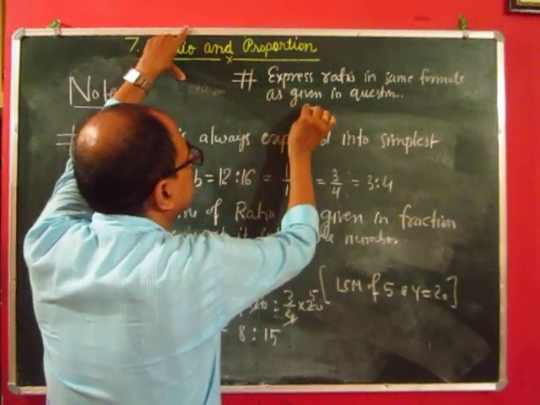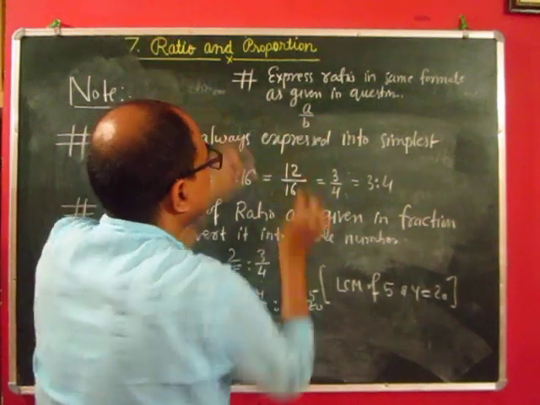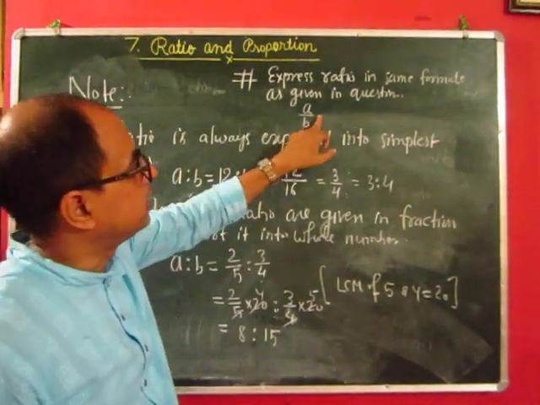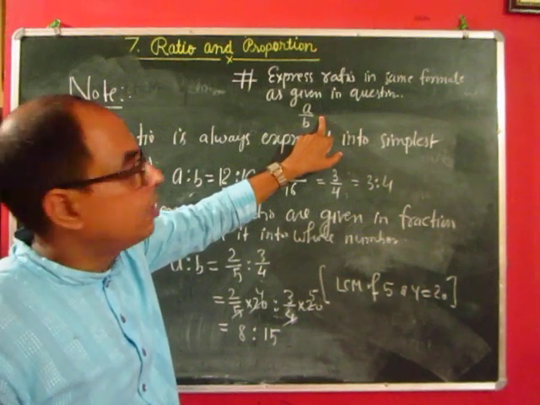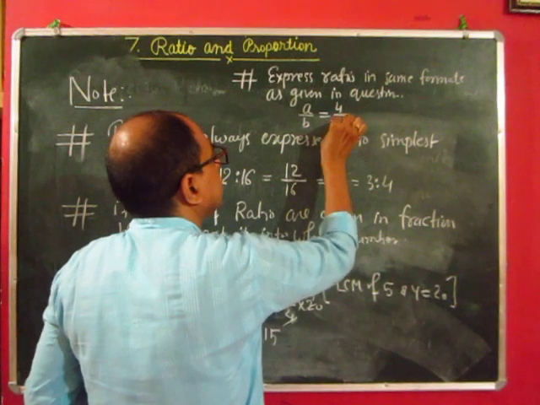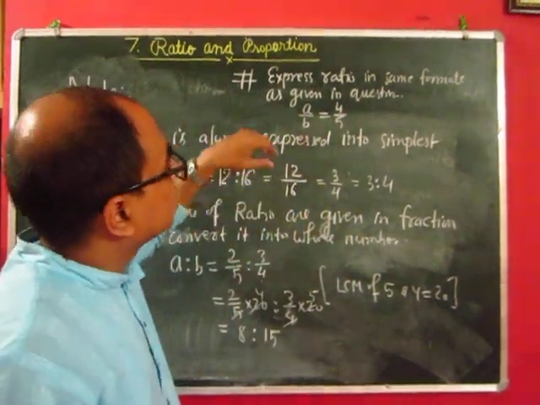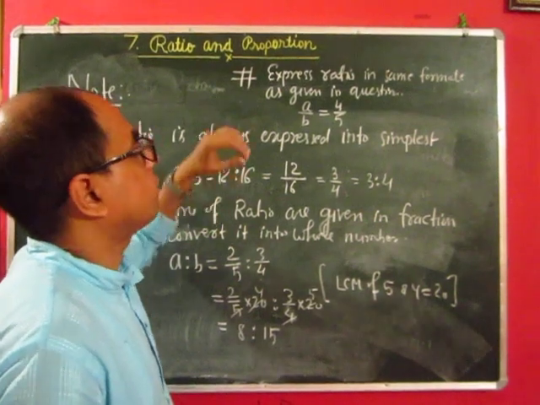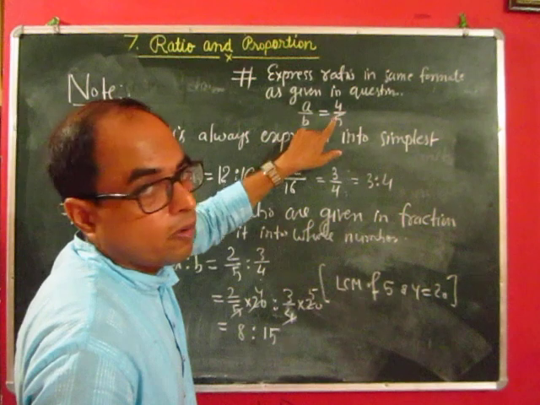Suppose in the question it is written that find the value of a by b. Clear? So you can write the answer in this form, 4 by 5. Suppose you are getting the value of a by b as 4 by 5. Clear? So if in the question it is written that find the value of a by b, then you can write the answer 4 by 5.